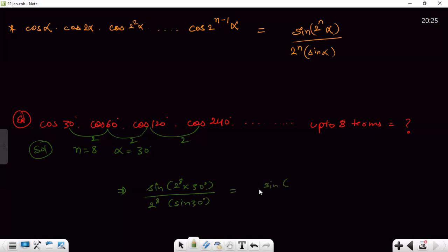So 2 raised to the power 8 we can write as 2 raised to the power 4 into 2 raised to the power 4, which is 16 into 16, because 2 raised to the power 8 can be written as 2 raised to the power 4 plus 4. 2 raised to the power 4 is 16, so it is 256, into sine 30. Sine 30 is half.